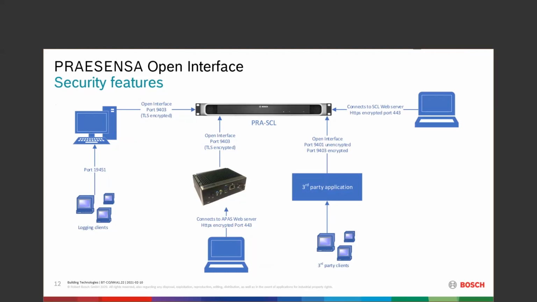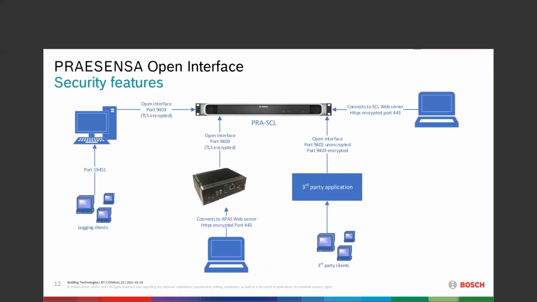A third-party application could then also, via open interface, connect in an unencrypted or encrypted way. If you want to have it unencrypted, then on port 9401 and else on 9403, and then maybe you can have a firewall in between to just block the 9401 if you don't want to have that anyone accessed.